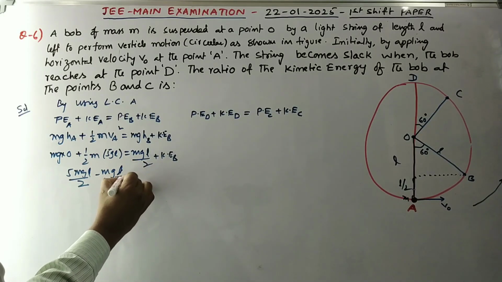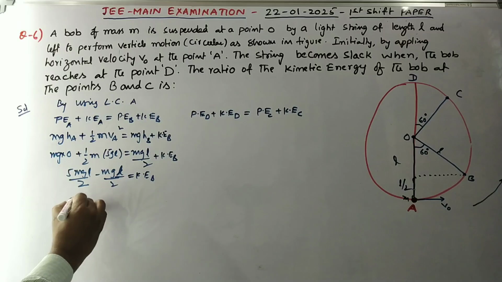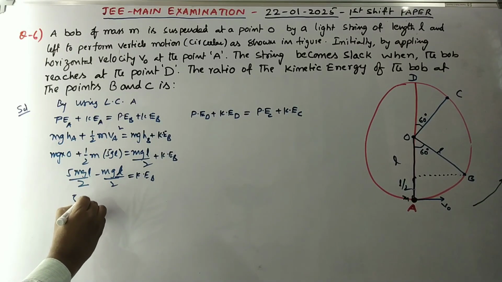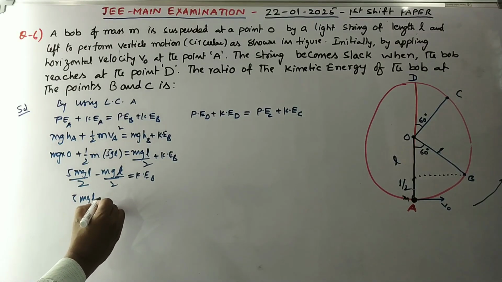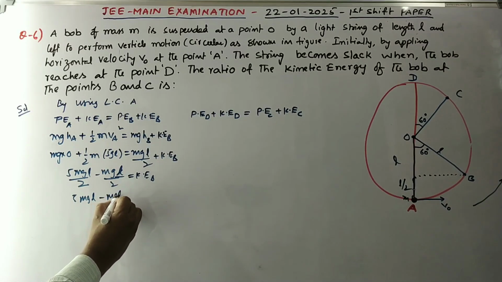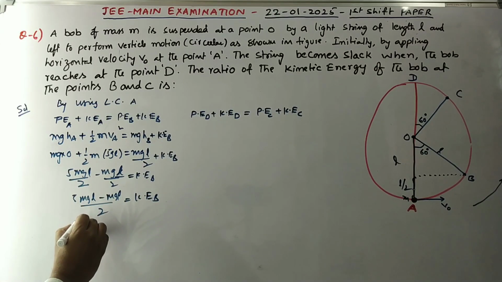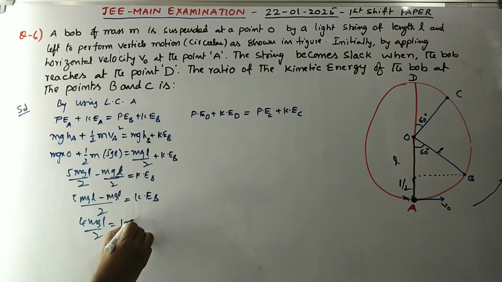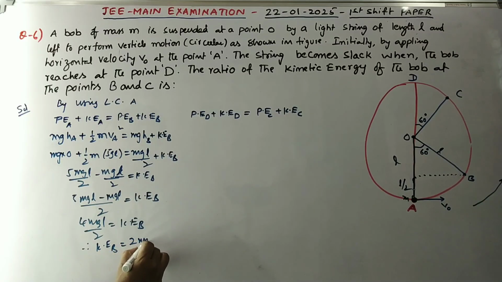This mgl by 2 is also brought to this side, which is equal to kinetic energy at point B. So what you get? 5 mgl by 2 minus mgl by 2 is equal to kinetic energy at point B. That means 5 minus 1, 4 mgl by 2 is equal to kinetic energy at point B. Therefore, kinetic energy at point B is equal to 2 mgl.